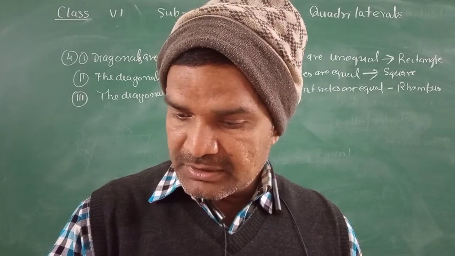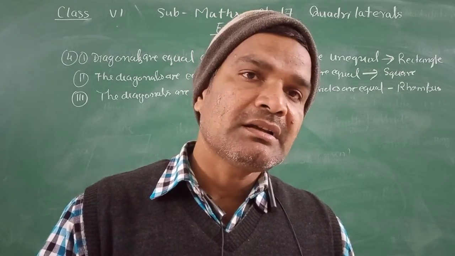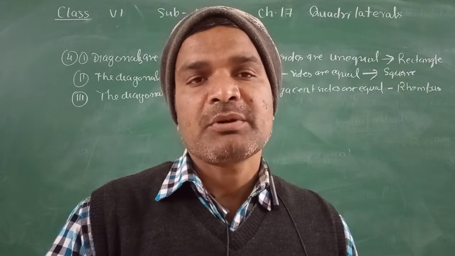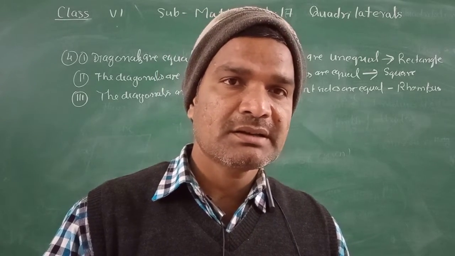A rectangle can be thought of as a special parallelogram. A rectangle follows all the properties of a parallelogram. In a parallelogram opposite sides are equal and parallel; in the rectangle also.